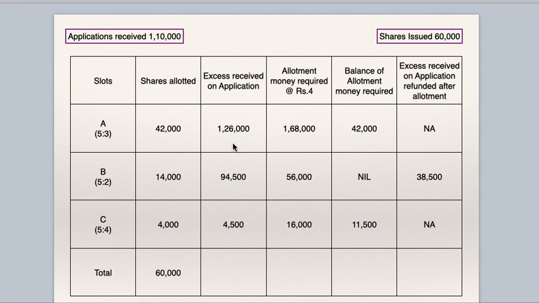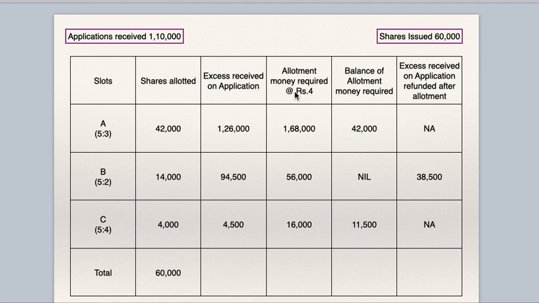Excess received, just now we have seen on the earlier page, 1,26,000 excess in category A, 94,500 in category B and 4,500 in category C.